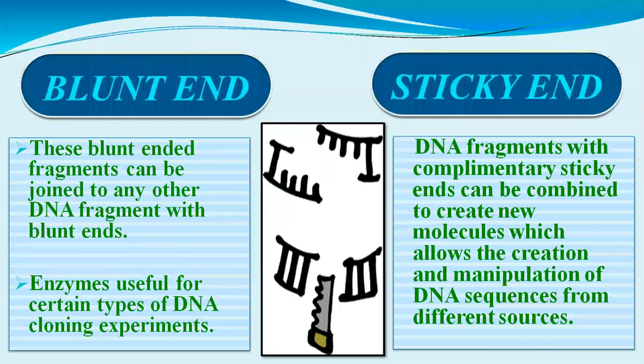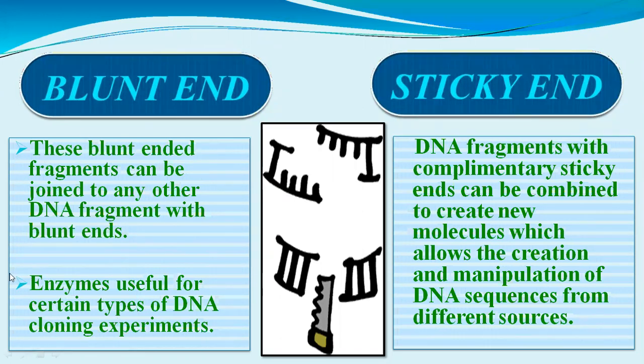So both of them are enzymes. Restriction endonucleases are the enzymes which cut the DNA. These blunt ends are useful for certain types of DNA cloning experiments.